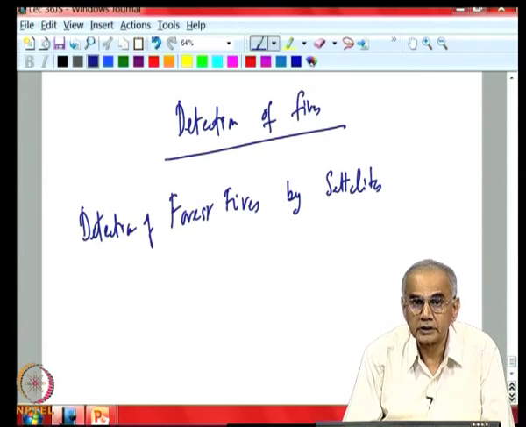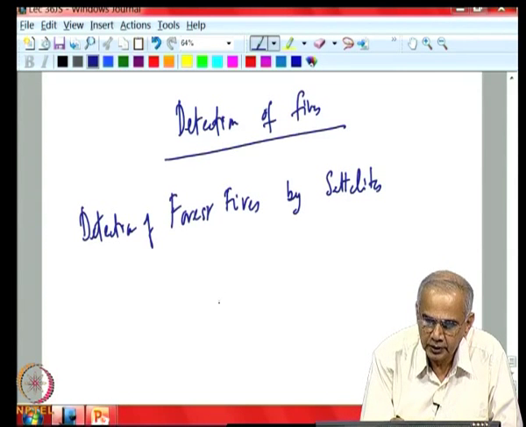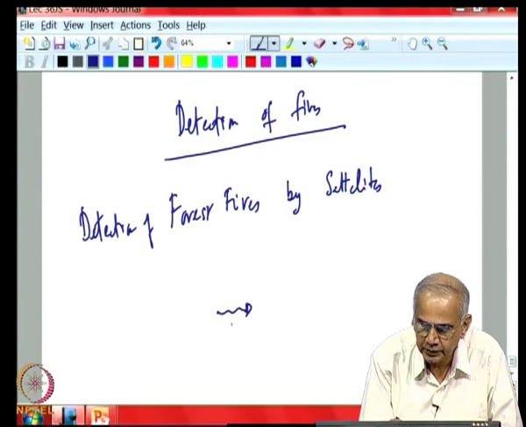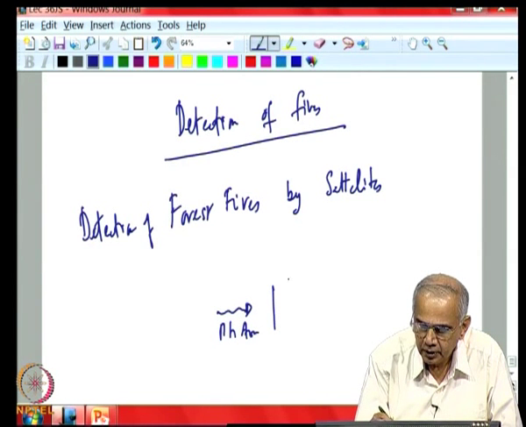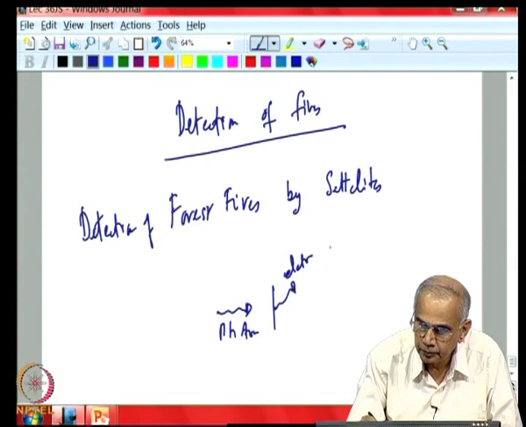Still these modern sensors are able to detect them, because in these detectors a photon that is impinging on the sensor releases an electron, and this electron is accelerated now by an electric field.